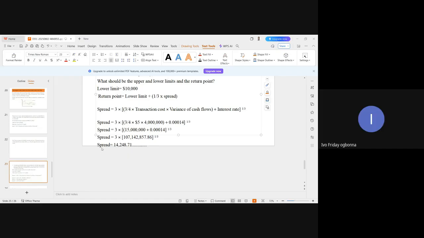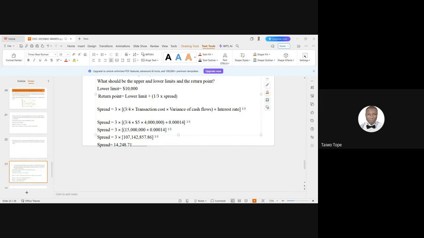In case you're finding it difficult to do to the power of 1/3, 1/3 on a normal day is what? 0.33. Fine. You can just put that value in brackets to the power of 0.33. Then you get your value multiplied by 3.